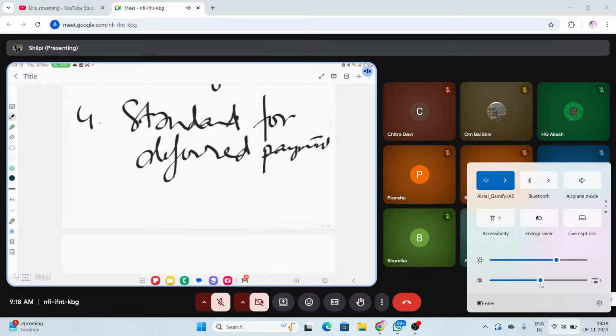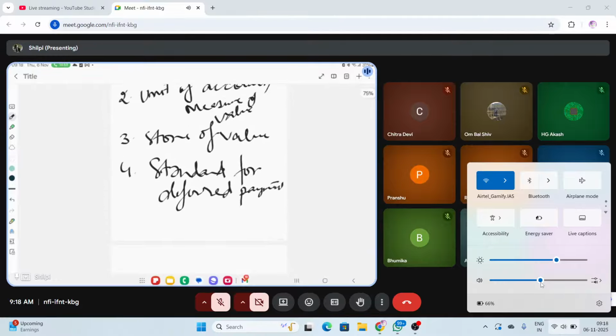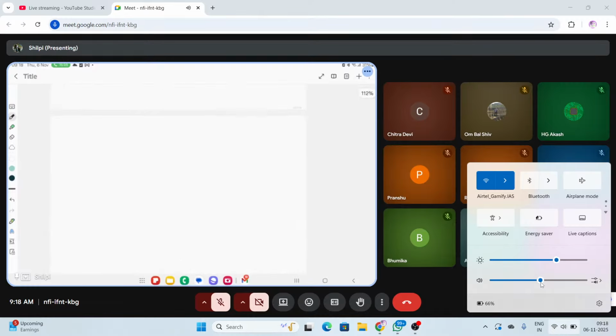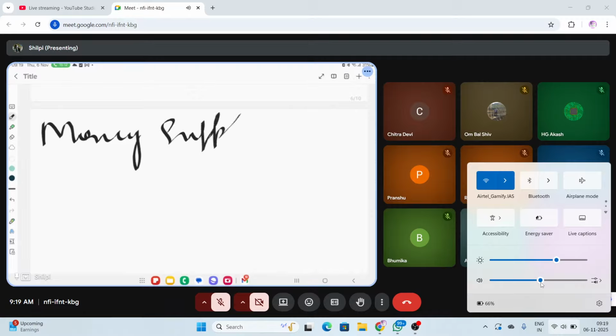So it is an accepted way to settle all the future contracts, all the future debts, all the future loans. So there are four key functions of money. It's a medium of exchange, it's a unit of account, it is a store of value, and it is a standard for deferred payment.